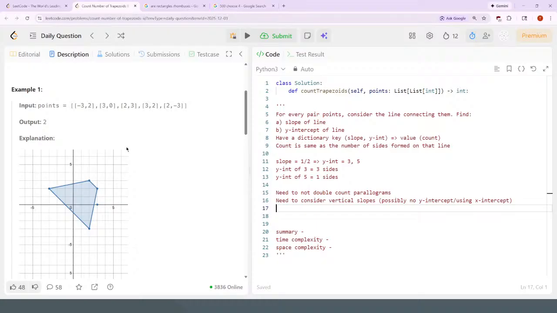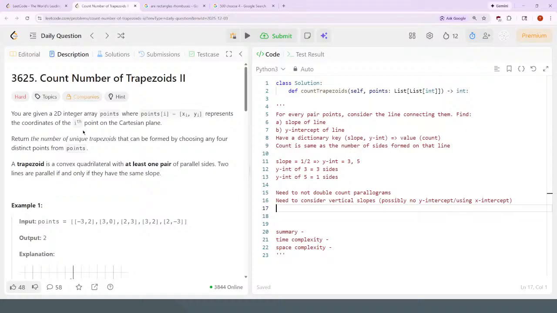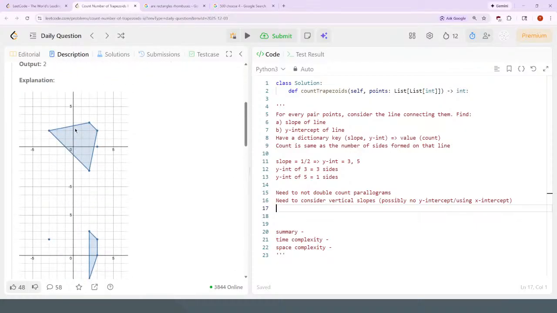Man, I don't even know. What topic is this? Some sort of graphics shit? I wonder.